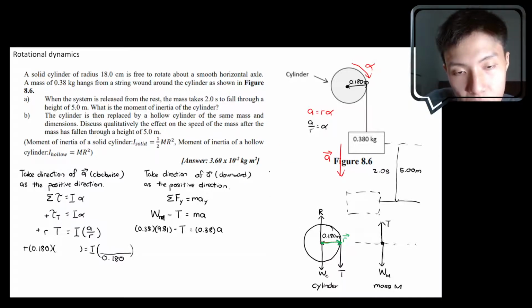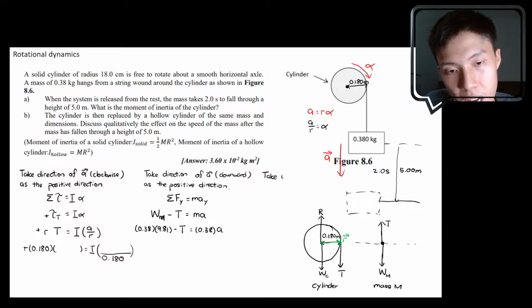For SUVAT, we just keep it standard. We take up as positive, down as negative, because we have been doing it like this for chapter 2.